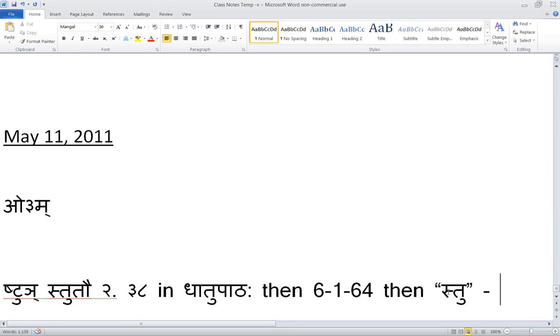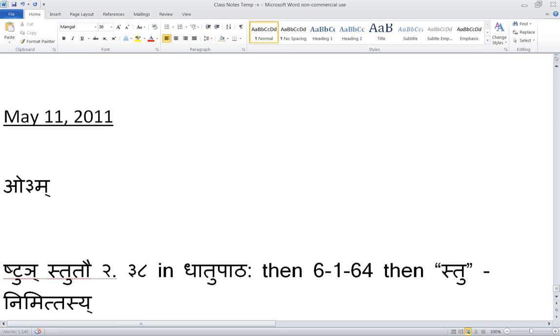Nimittasya apaye naimittikasyapi apayaha.